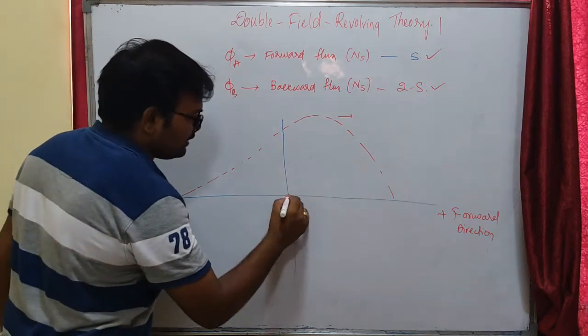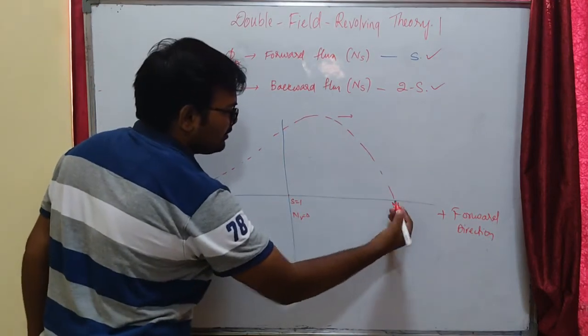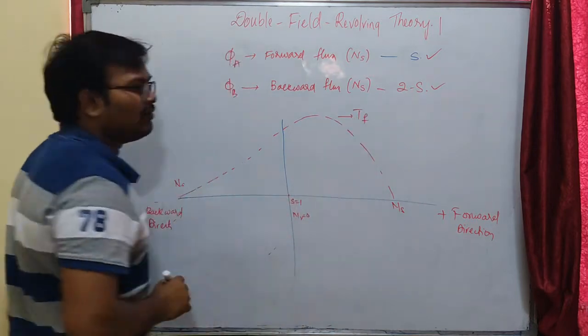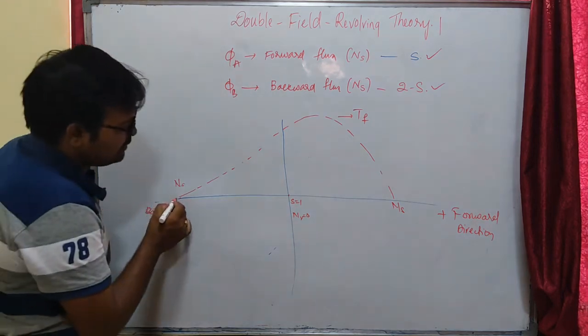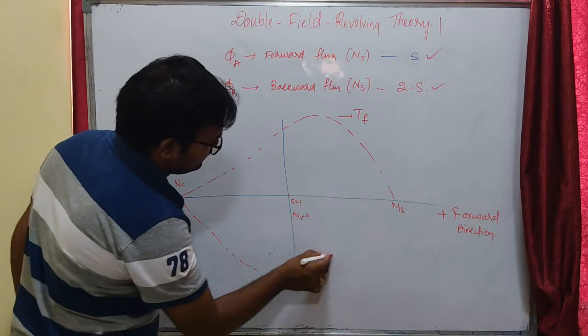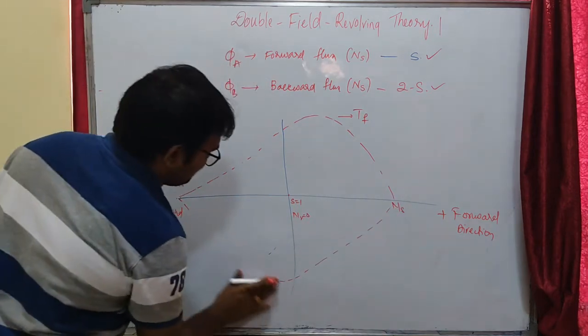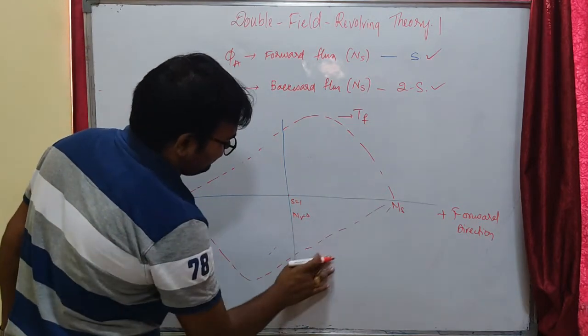Here slip is equal to 1 and speed is 0, and here and here it is synchronous speed. This is the torque due to the forward field. And this is the torque due to the backward field.